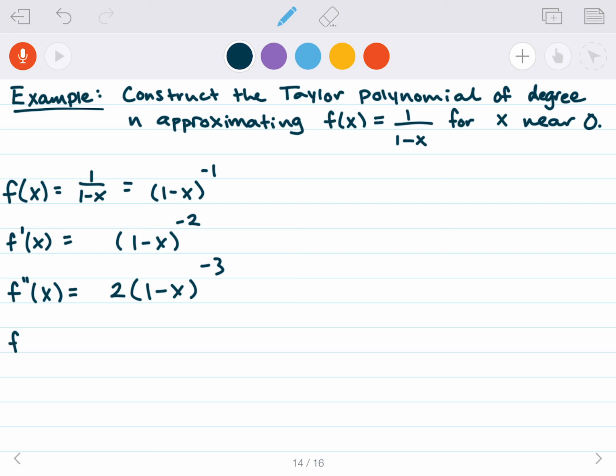Okay, how about f3 of x? So we're doing this until we can recognize a pattern here. Right, so f3, for the third derivative here, again, chain and power, negative 6 times (1 minus x) to the negative 4 times negative 1, so those negatives disappear.